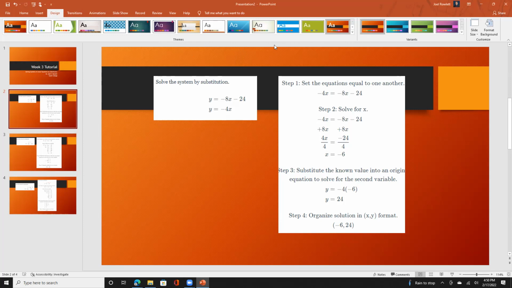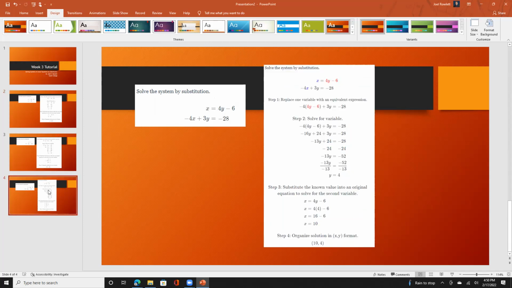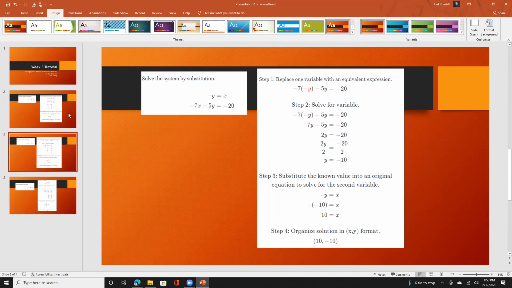Okay, so going back to the drawing board here. This is actually the second problem I was trying to find for you.